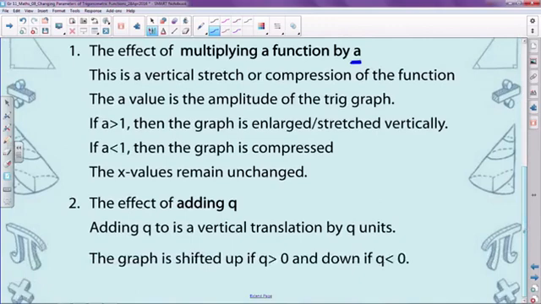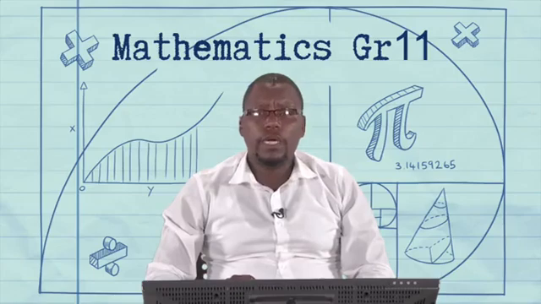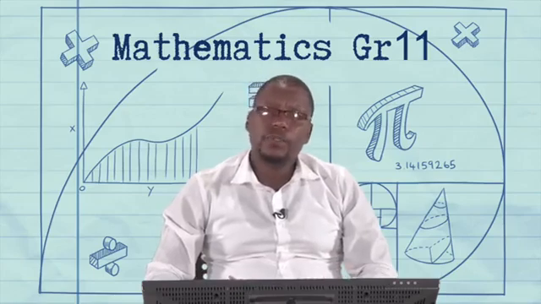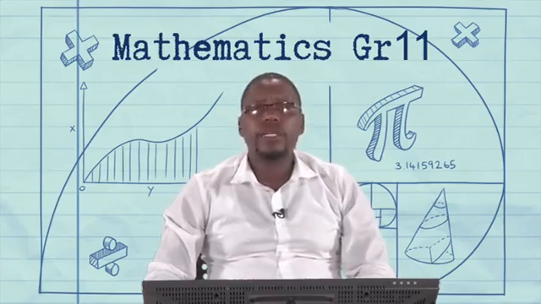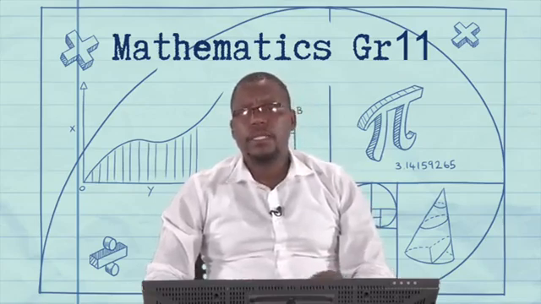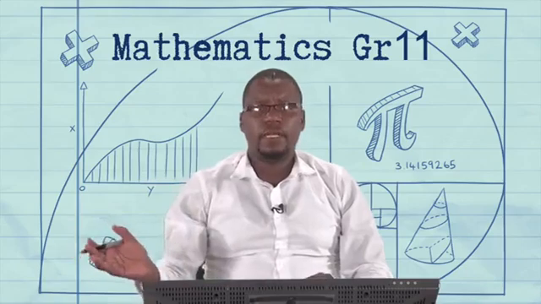unchanged. And then we also looked at the effect of adding a q, right? You get a normal graph of y equals negative 2 sine x. And then now you have y equals negative 2 sine x plus 5.